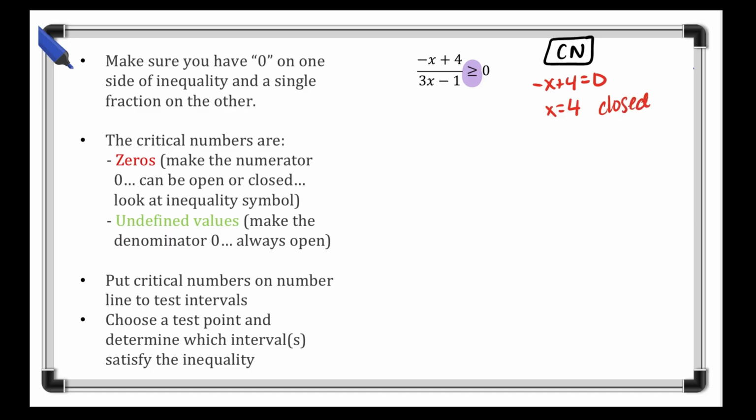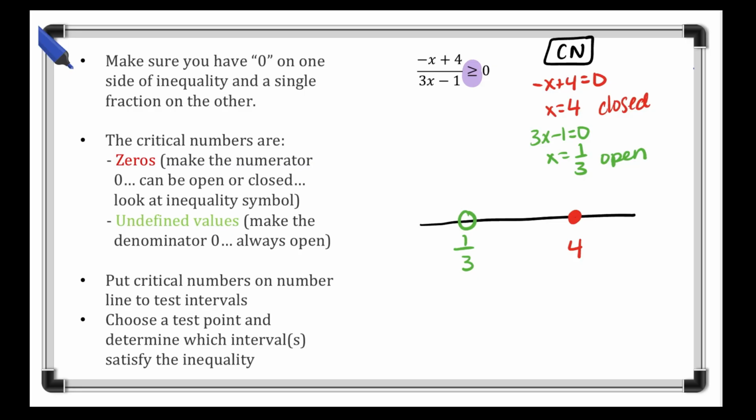My undefined values come from my denominator. Add 1 and then divide by 3. You get x is 1/3, and denominator always is open. You're going to take your two numbers here, so you have a 1/3 with an open circle, and you have 4 with a closed circle.